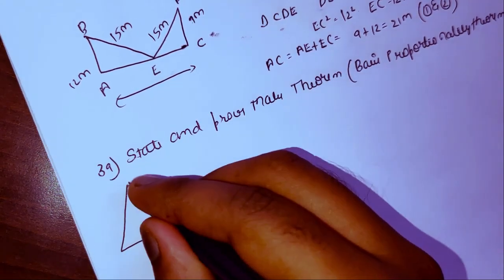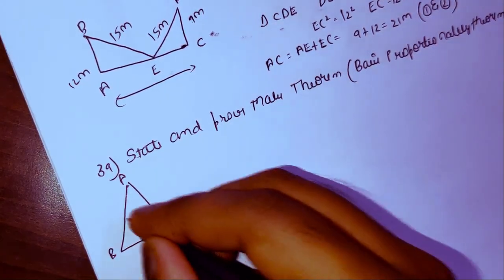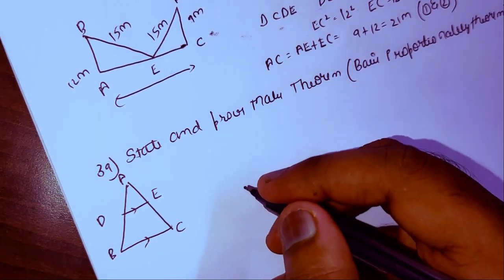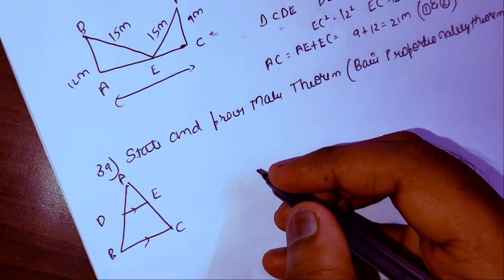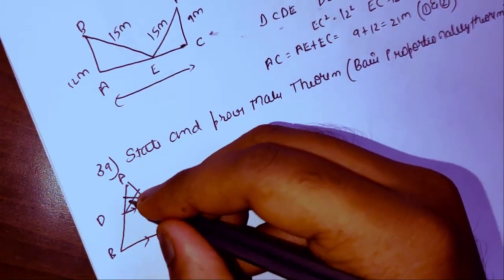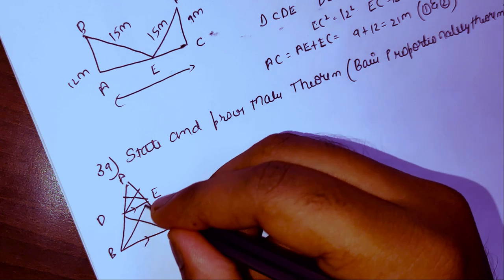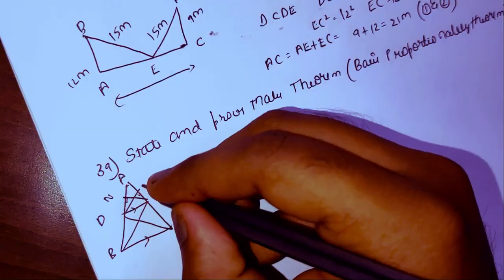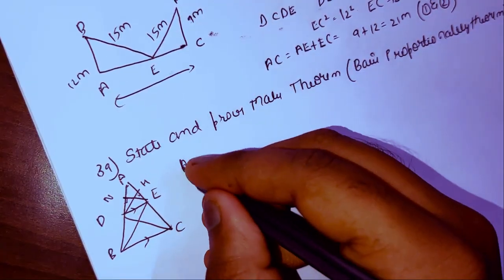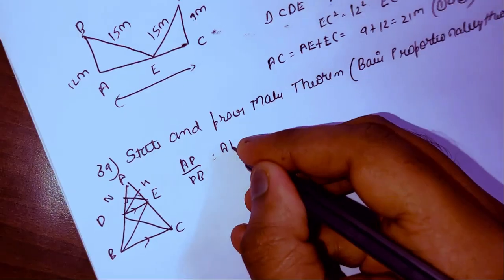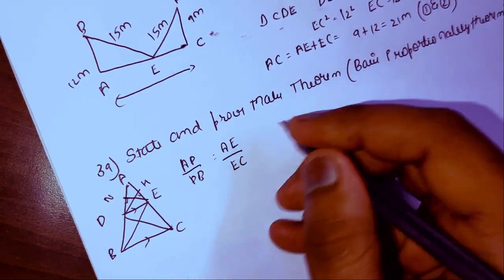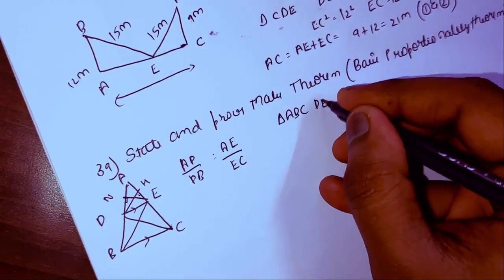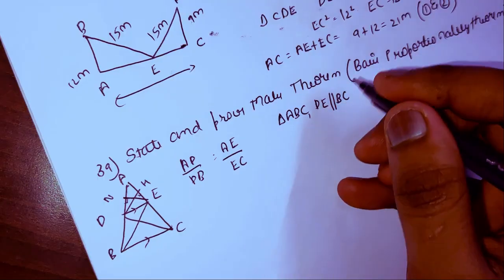We will draw a triangle here ABC where DE is parallel to BC. We will do constructions to prove this theorem. We will take join DC and join BE. We will take a line here, that is N, which is perpendicular, and here it is a perpendicular M. To prove AD by DB is equal to AE by EC, we know that in triangle ABC, DE is parallel to BC by Thales theorem.